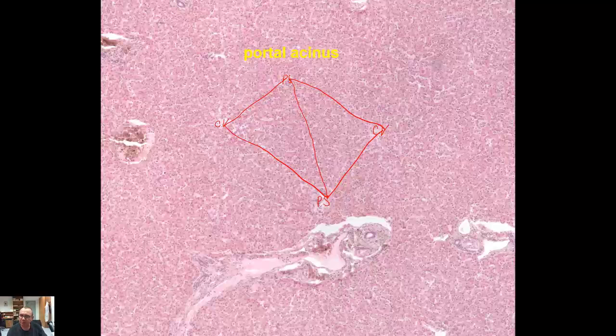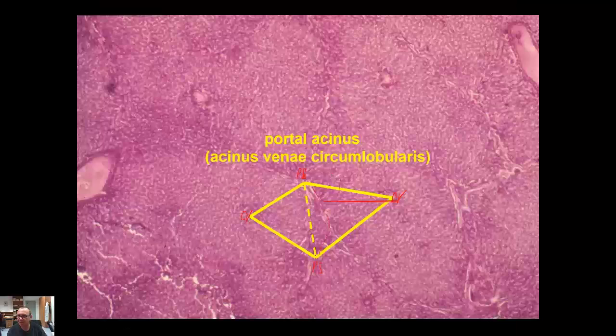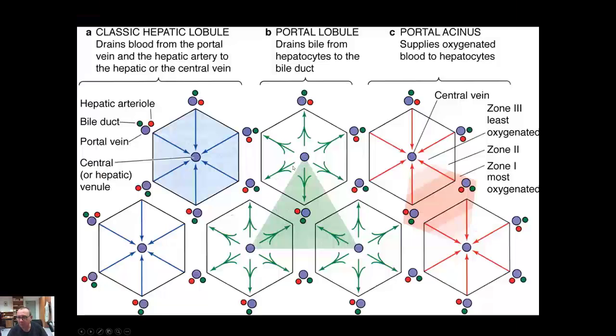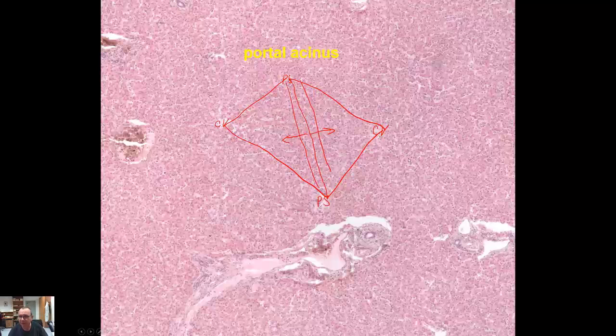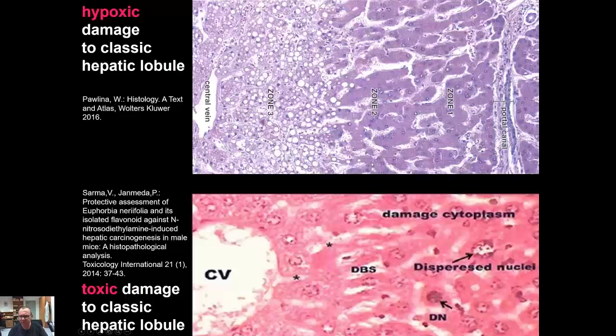When you imagine that blood goes from this vein here in the center to both sides through the sinusoids, here near the circumlobular vein should be the first zone where the blood is more oxygenated.